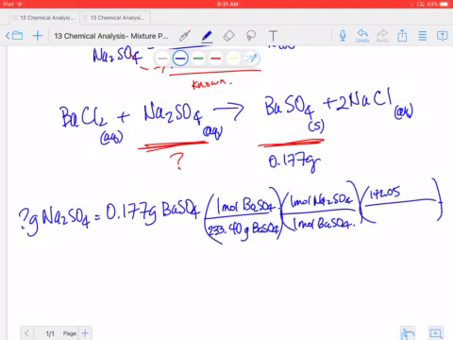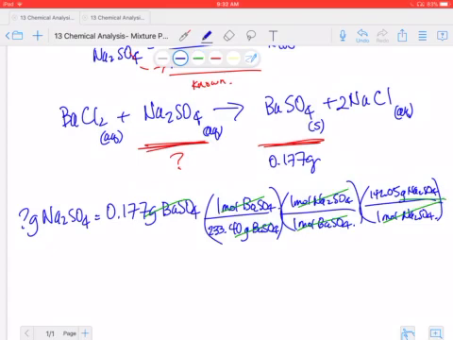So I have 142.05 and 1 mole on the bottom. Always good to go back and just check your units. So we had grams of this here, grams of that there, 1 mole of this, 1 mole of this, 1 mole of that, 1 mole of that, and we're good with grams of the Na2SO4 at the end.